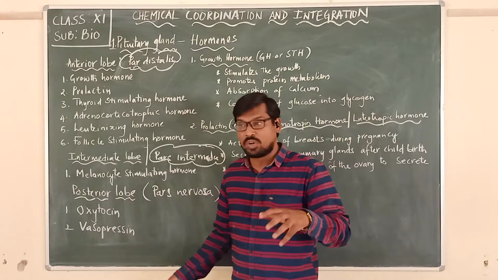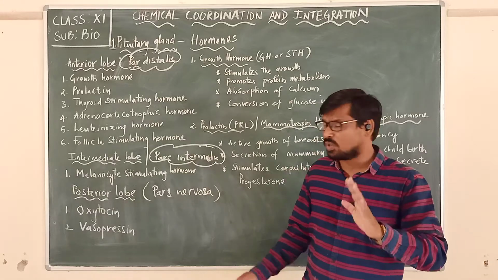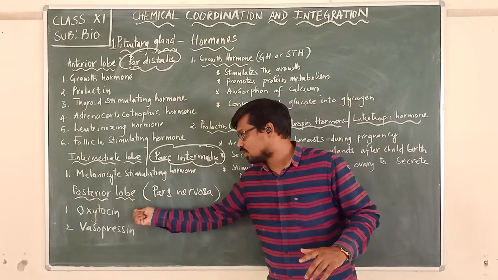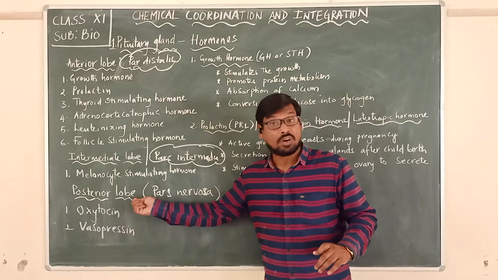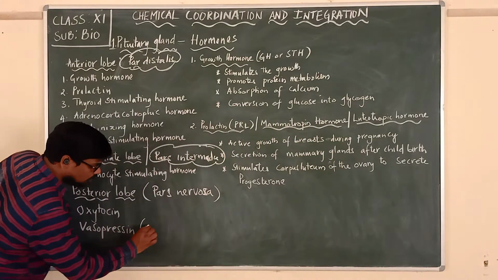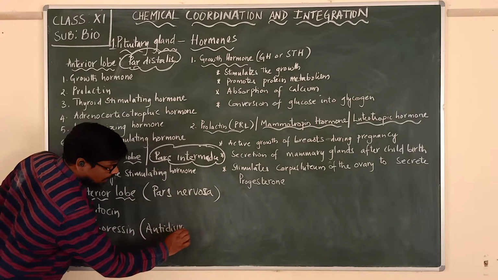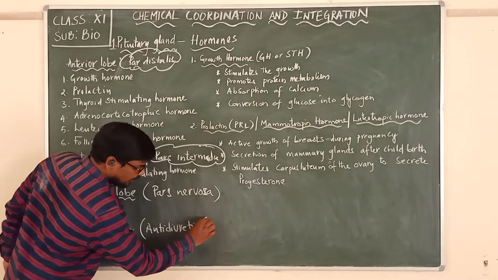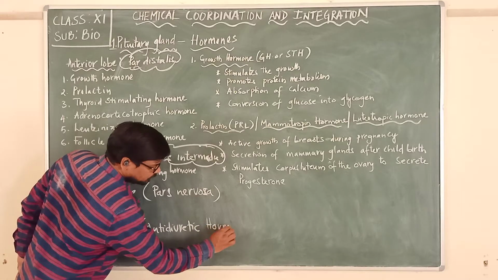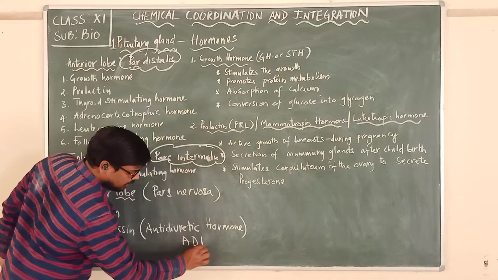Hormones are stored in the posterior lobe. There are two important hormones stored there: oxytocin and vasopressin. Vasopressin is also called antidiuretic hormone, or ADH in short.